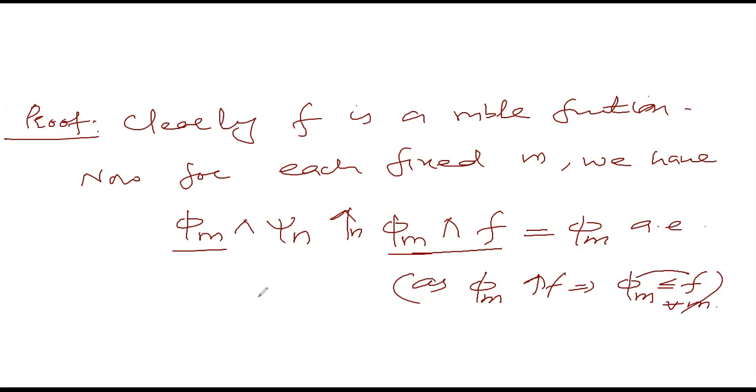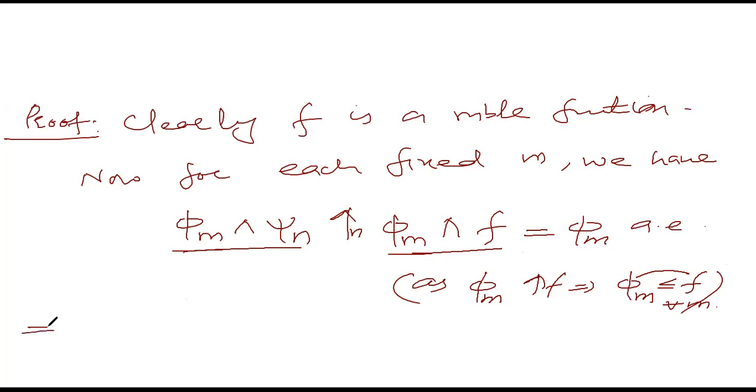Now next we'll see that this increases to phi m. We have to apply the previous theorem. This sequence of step functions is increasing to phi m, so let's apply the previous theorem with respect to m, because this limit is with respect to m.